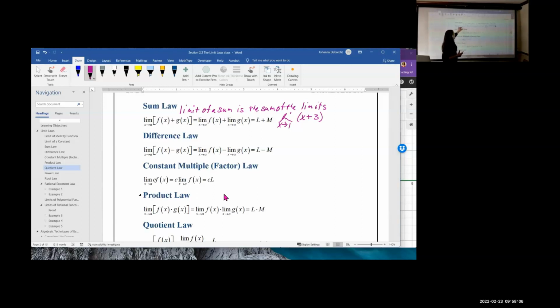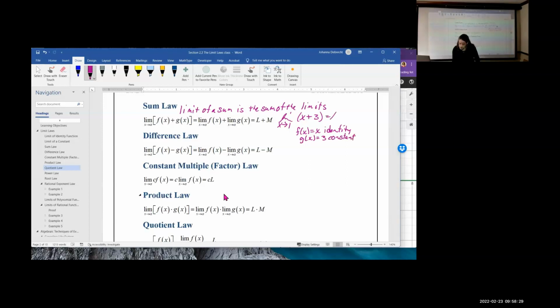I can think of it as the function f of x equal to x, the identity function, and g of x equal to 3, a constant function. Does everybody see that? So in this sense, f of x equals x, which is the identity function, and g of x is equal to 3, which is a constant function.